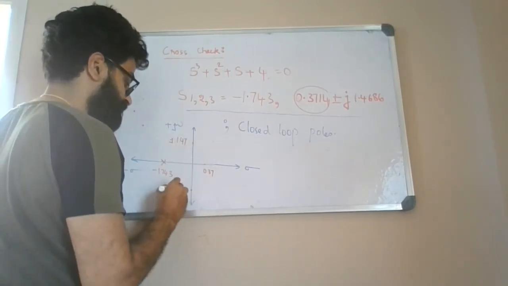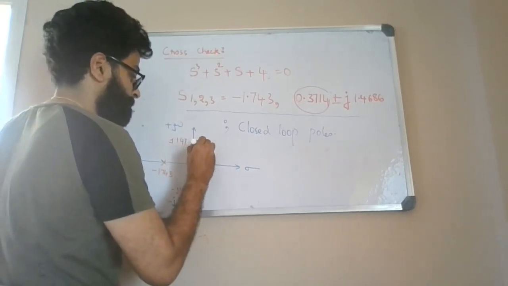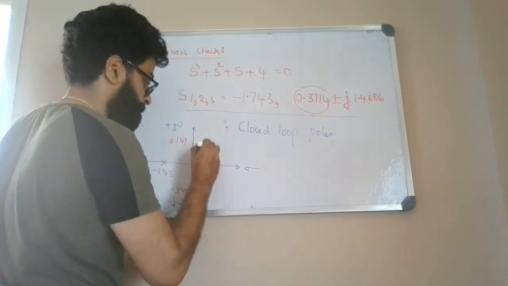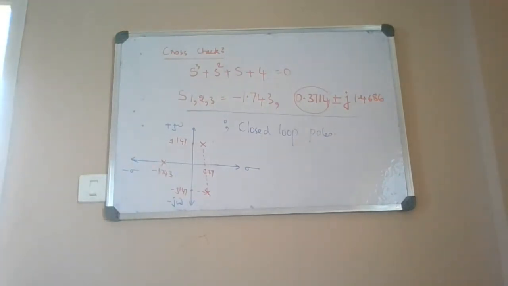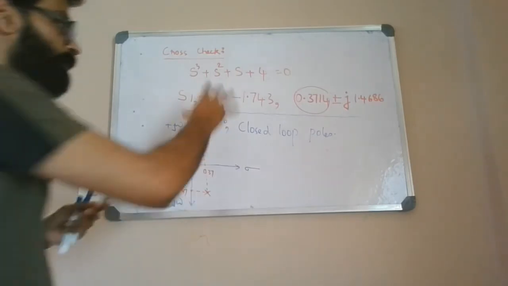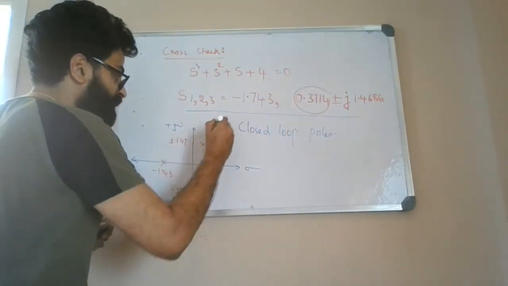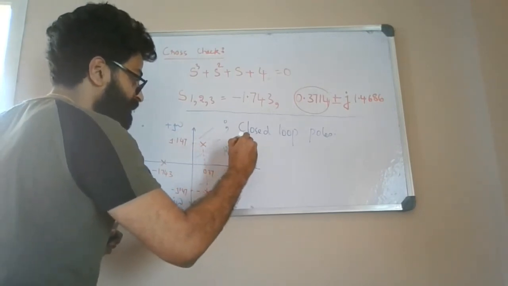And this is minus j 1.47. So these are my remaining two roots. As you can clearly observe, out of three roots, two roots are found on the RHS of the S plane. Okay. So this is your RHS of the S plane.